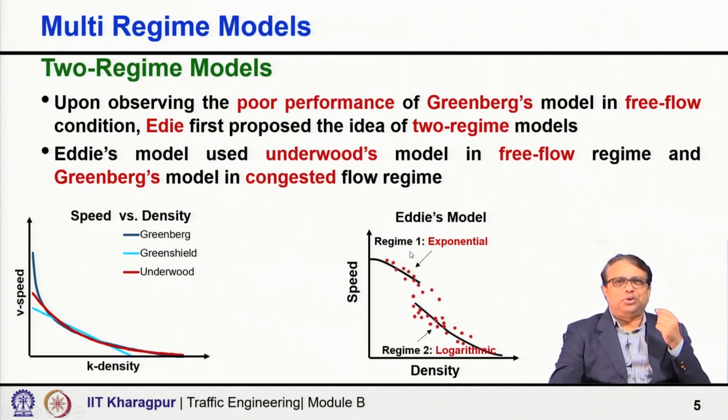See, the difficulty is that one does not touch the x axis, so do not use that for the high density or congested flow regime, and the one which does not touch the speed axis, do not use that for the low flow or free flow regime. So, AD proposed to use Underwood's model in the free flow regime and Greenberg's model in the congested flow regime to describe the speed density relationship.